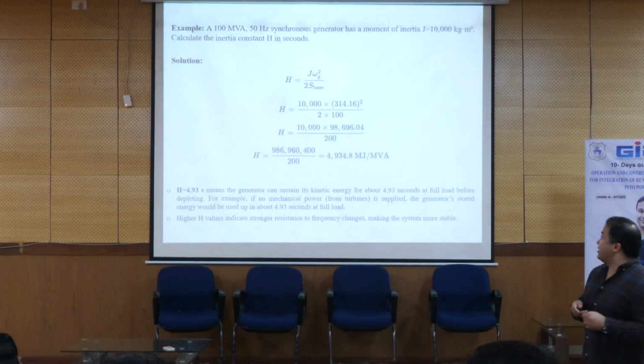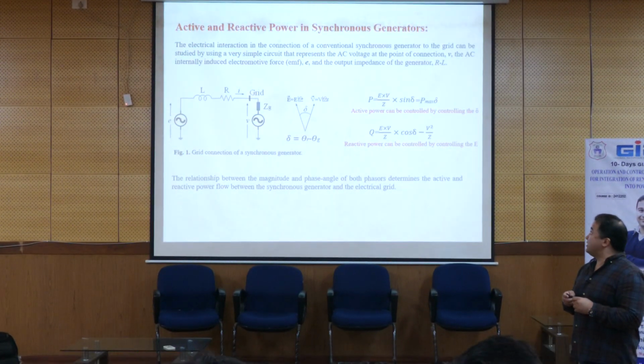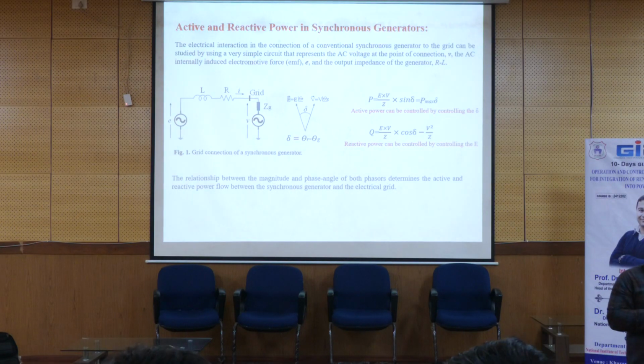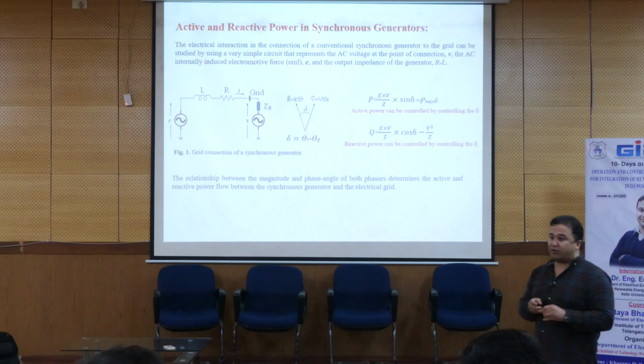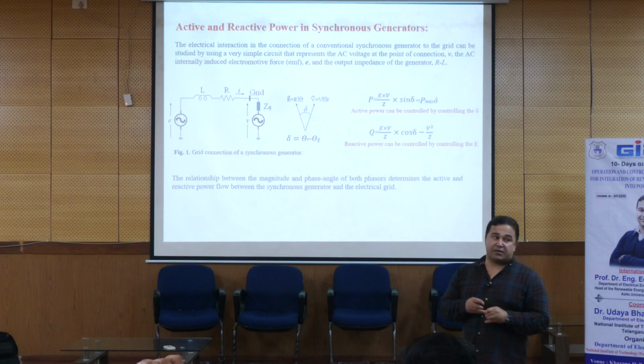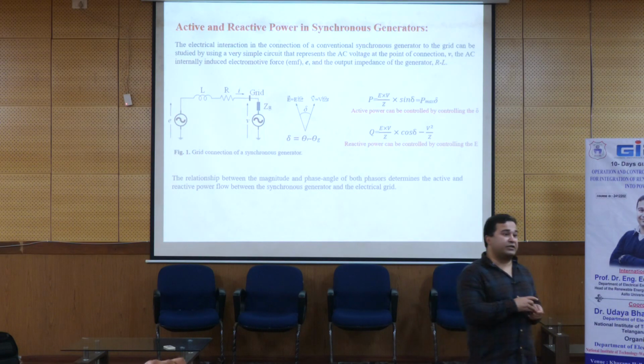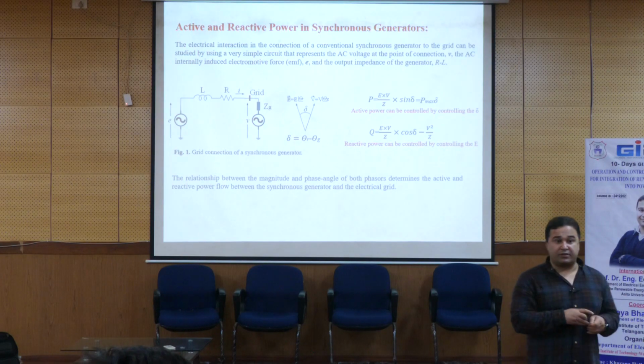So now we are getting back to the power system. In the power system, we have a lot of synchronous generators, and this type of technology, normally used in power plants, is connected together in parallel.